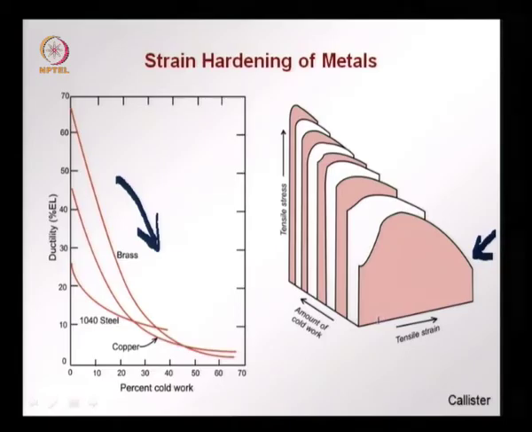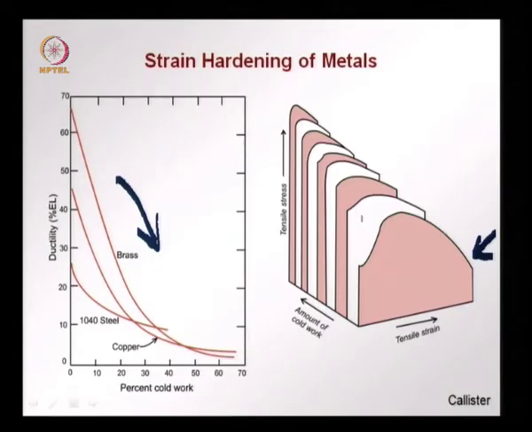Now suppose I was to increase the strain until I reach say this point and then I unload. Now if I consider this as a new material and I was going to do a tensile test again, the stress strain diagram would start from this point. I would have an elastic response up to this, yielding would occur here, followed by necking and failure.